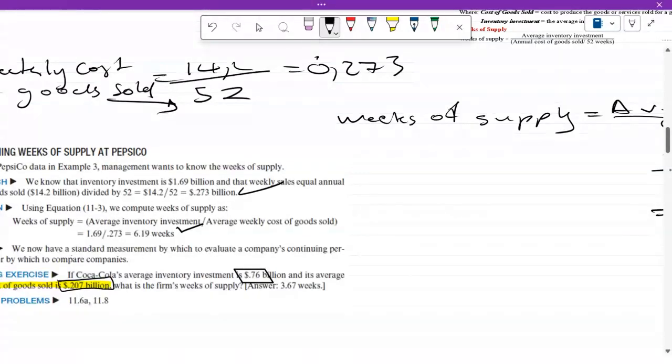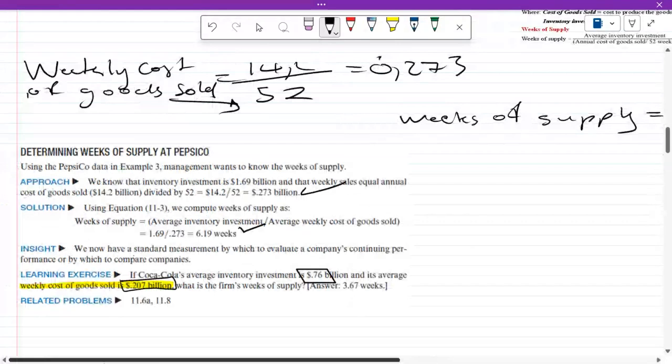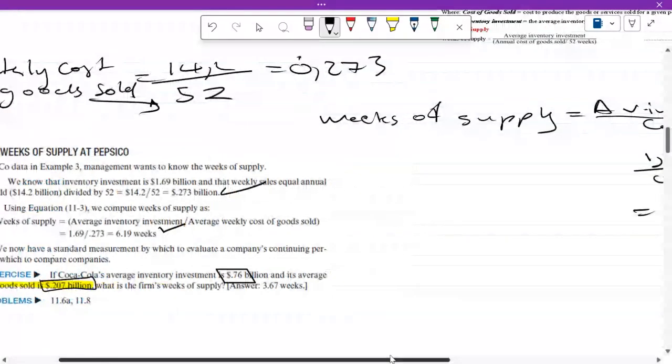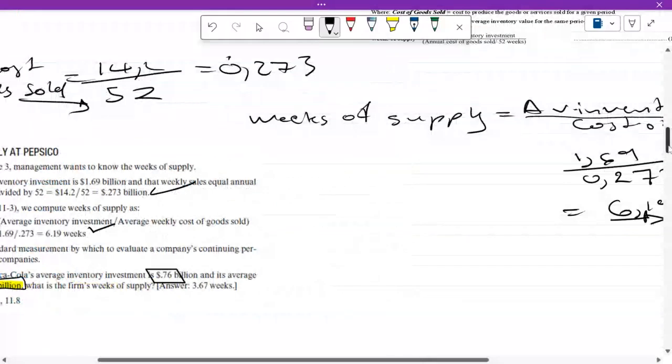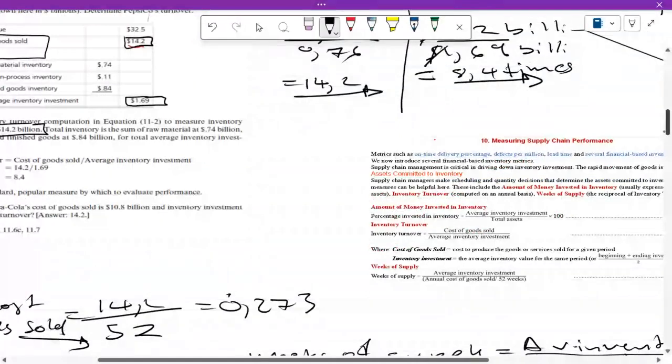In the absence of responses, we don't divide, because usually the cost of goods sold is measured annually. You see, inventory turnover, cost of goods produced and sold in a given period. It's not necessarily mentioned, but it's an annual figure.